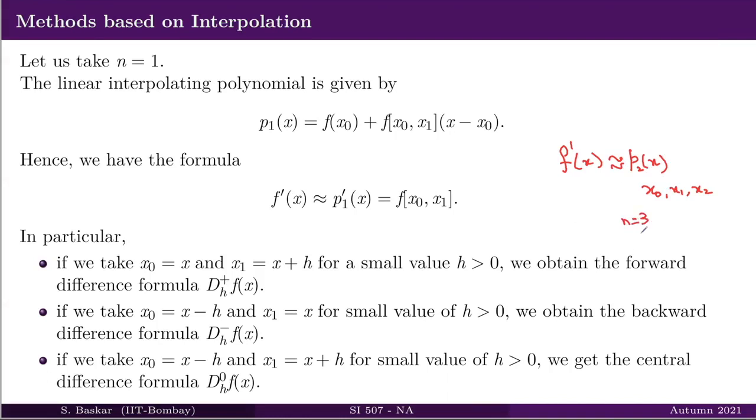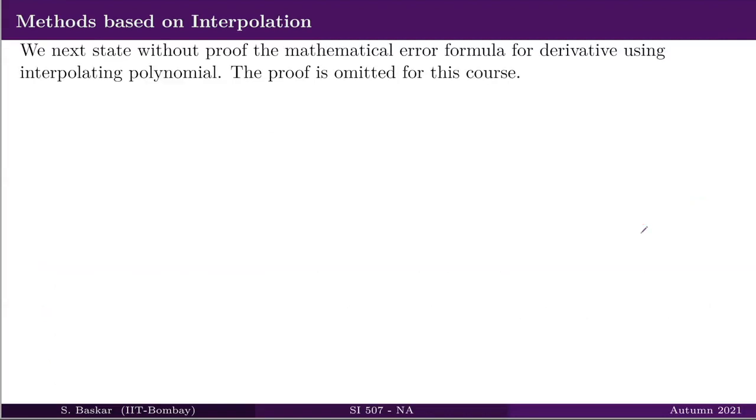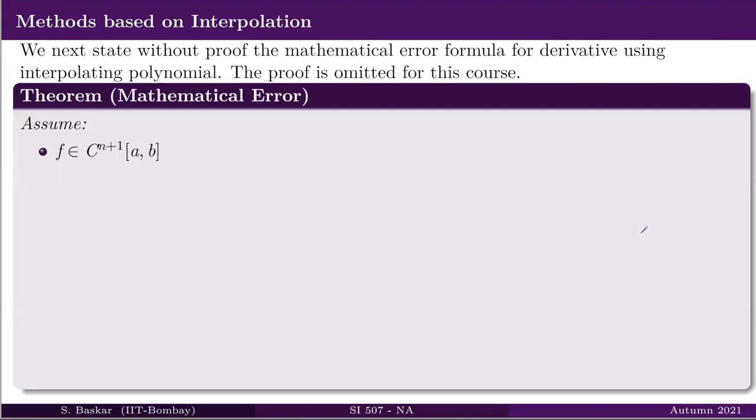Different choices of the nodes lead to different finite difference methods. Once you understand this technique, you can also establish the mathematical error involved in such formulas. And this error expression can be directly obtained from the mathematical error expression for the polynomials, right?